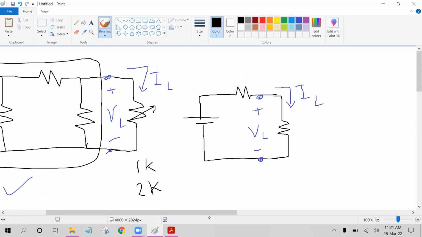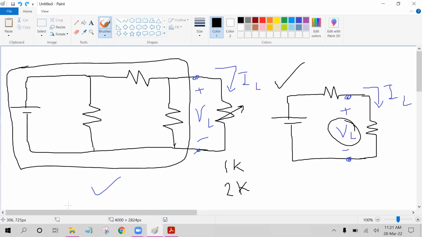Then we will draw another circuit, this one, and again measure the voltage and currents. So we will just check whether these values are the same or not. If the values are the same, then we can claim that yes, we have verified Thevenin's theorem. Got it, everyone?